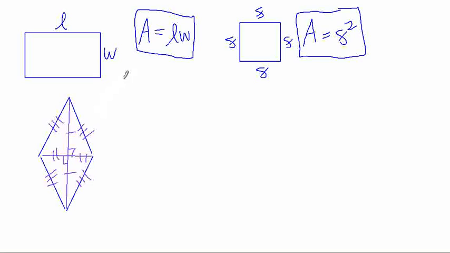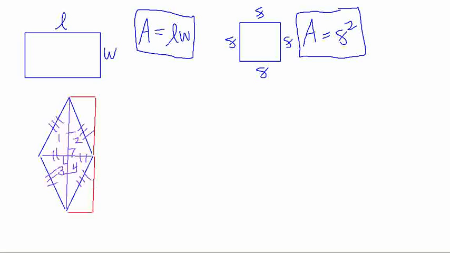So the area of the rhombus is not going to change if I move those right triangles around. Okay? Let me label the triangles 1, 2, 3, and 4. Now, if I kept 2 and 4 where they are, but I moved 1 and 3 to where these red right triangles are, I would form a rectangle.